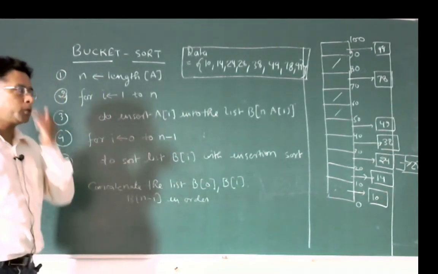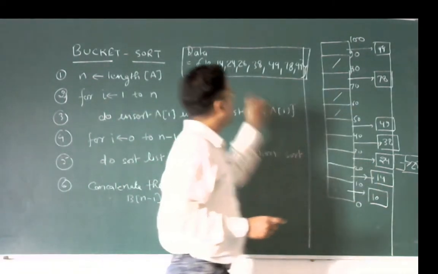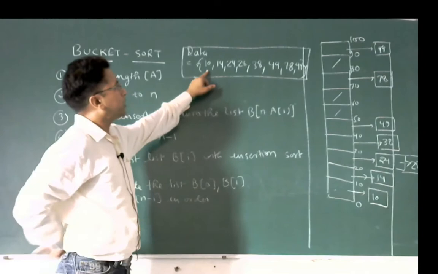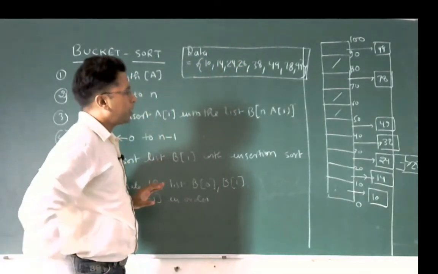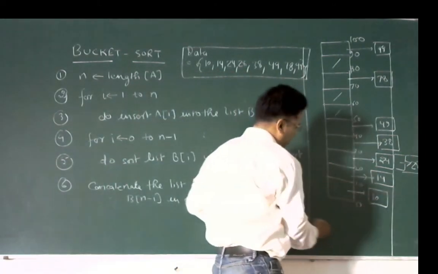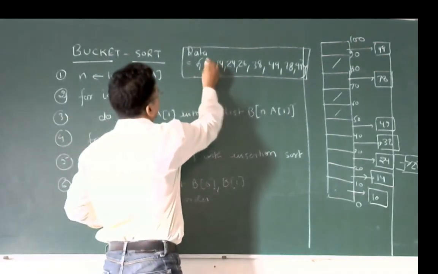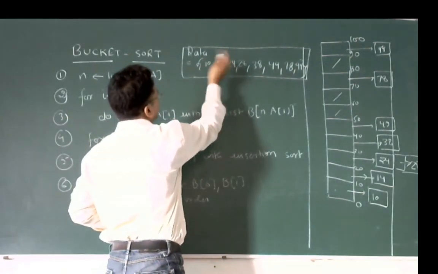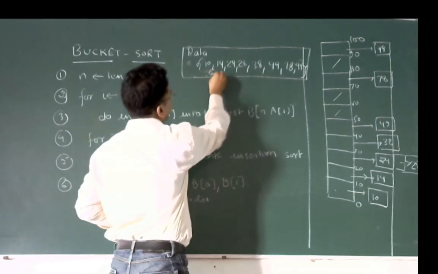order. Suppose now, after we have sorted this data, initially the data was like this: 10, 14, 24, which I have taken randomly. But now if I place this data according to the box range, suppose I have placed one data in random order, 9, and suppose I have placed one more data, 90, 5 and 6.